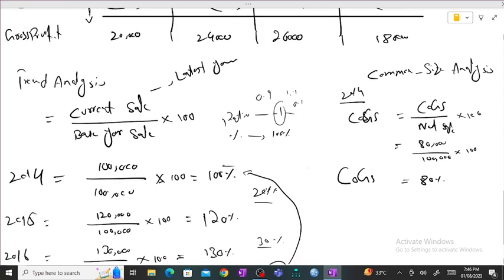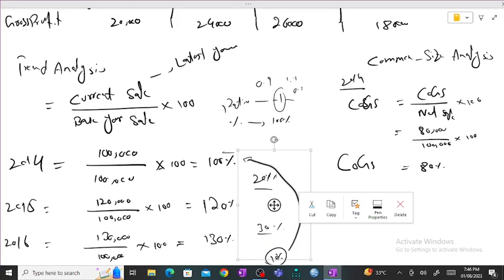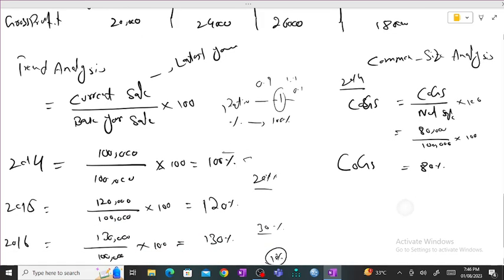For example, if we wanted to calculate the gross profit percentage, then 20,000 for 2014, and the base year would be 1 lakh multiplied by 100. Whenever we multiply by 100, it would be 20%.